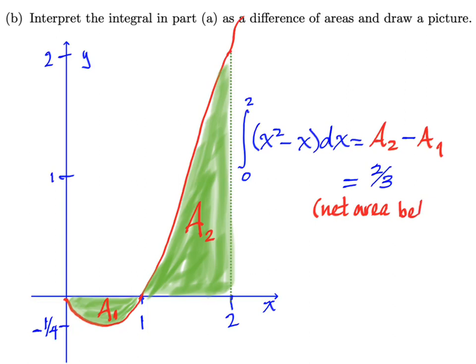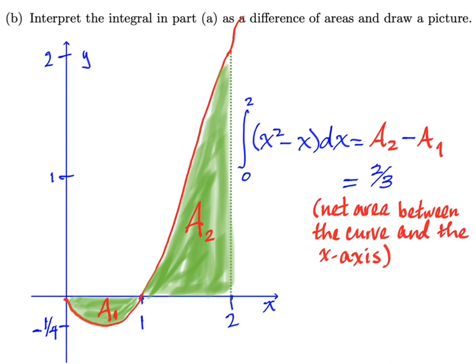So that could be partly below the curve, it could be partly above the curve, but we subtract the area below the curve from the area above the curve. In this case, we can see that the area of the region above the curve was greater than the area of the region below the curve. So our net area was positive.